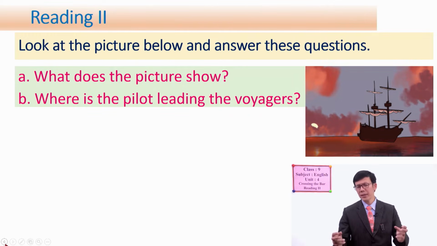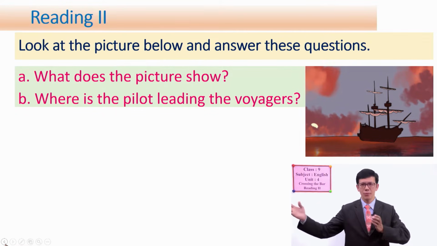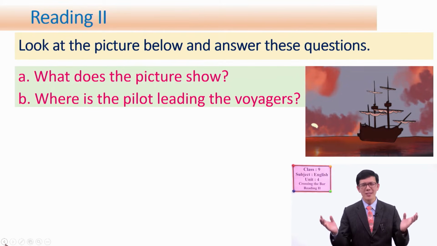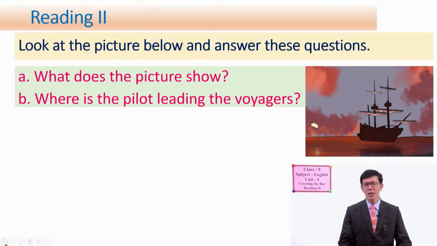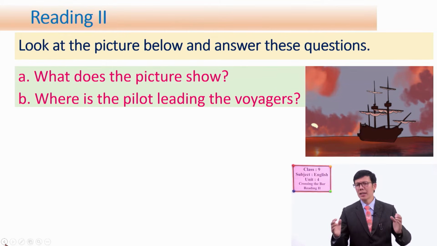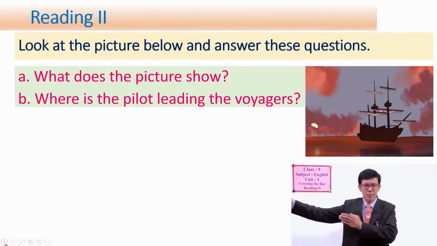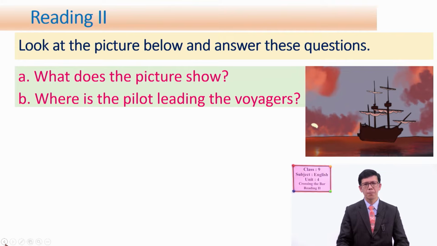So the pilot is taking them to some destination, right? It is not mentioned over there. You can simply guess where they are heading to, okay? So you can say the pilot is leading them to some destination, somewhere else. Very good. Yes, dear students.